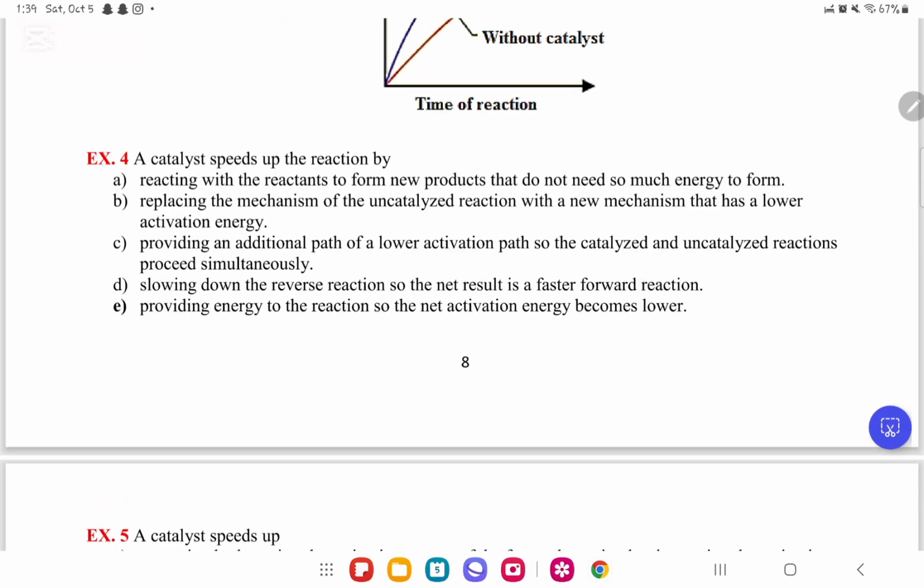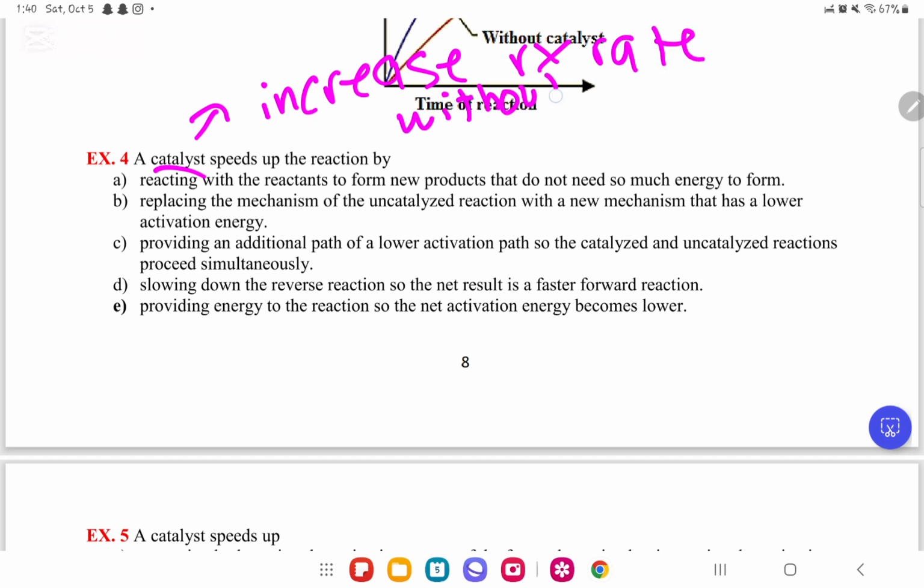Now exercise 4. A catalyst speeds up the reaction, but I said in the previous video, when we talked about a catalyst, what does it do? The catalyst will increase the reaction rate without being consumed.